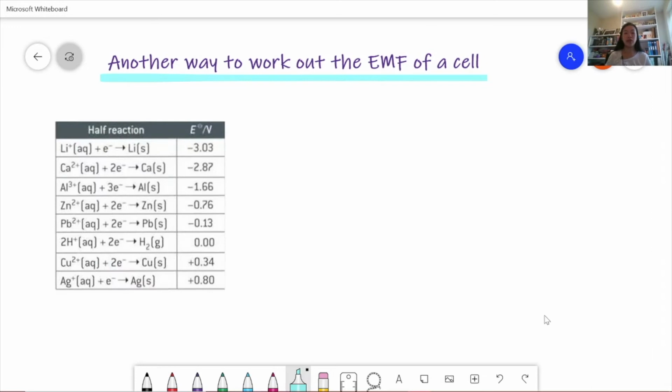Another way in which we can work out the EMF of a cell is to draw a cell diagram. So for the example that we saw before of Al3+|Al and Pb2+|Pb, what we can do is draw this kind of diagram. So we would start on the right with 0 volts, and so this would be the standard hydrogen electrode.